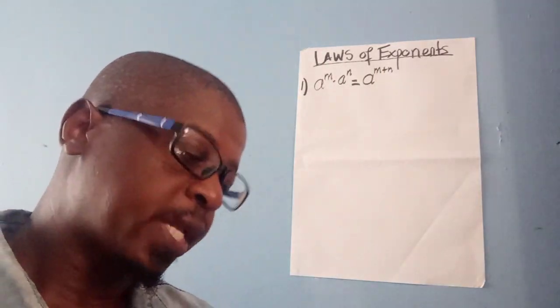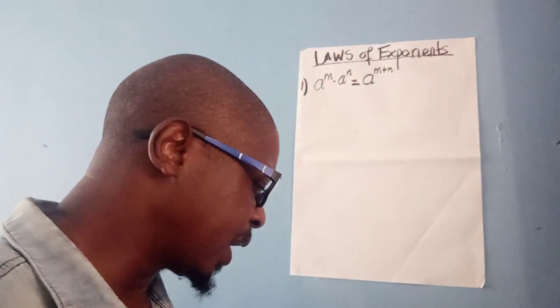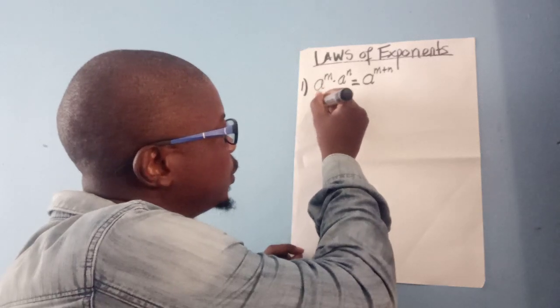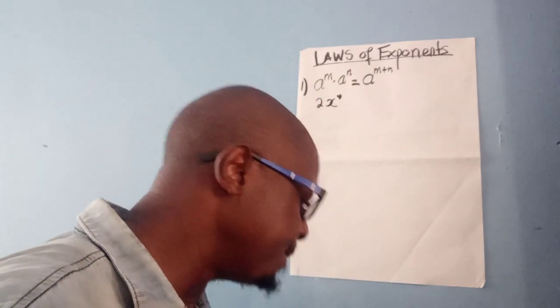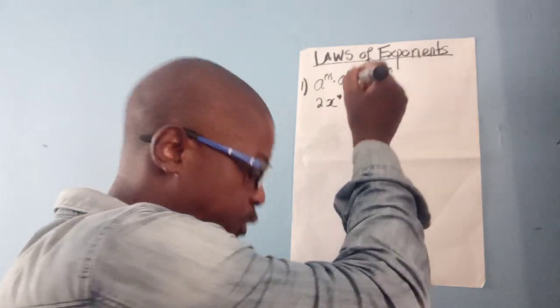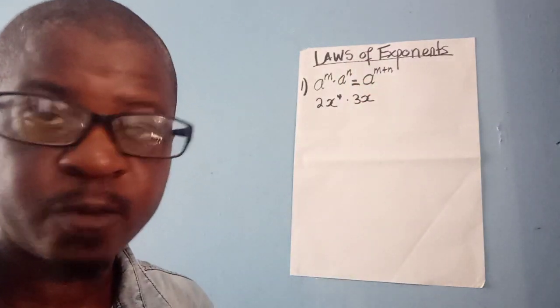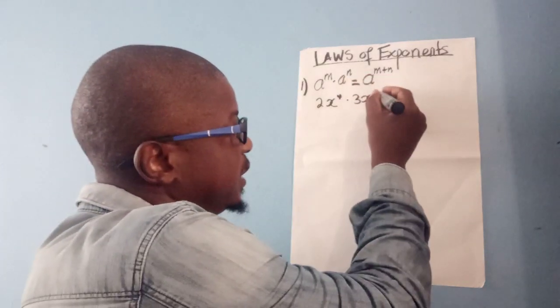Right. Okay, let's have a look at an example. I have 2x to the power of 4 times 3 to the power of 3x, like this. In this example, this is quite easy.